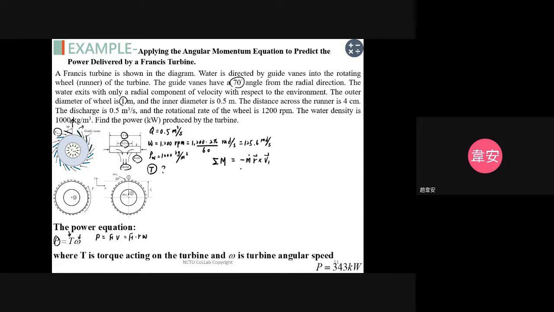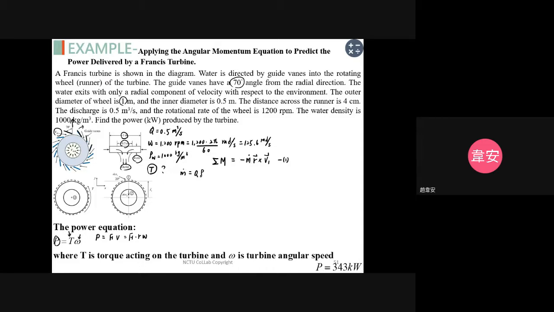Okay, so based on this equation, we didn't know the mass rate, the m rate, but we know that the m rate should be equal to Q multiplied by rho, right? We have the Q and we have the rho, so we can compute the Q rho value very quickly.